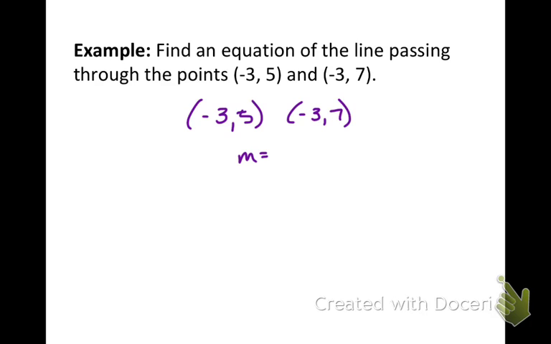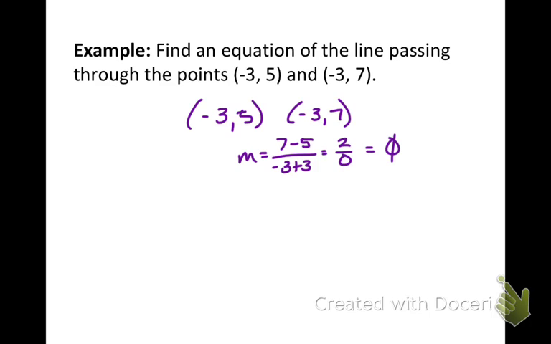When you find your slope here, 7 minus 5 over negative 3 plus 3 gets us 2 over 0, which is undefined. Now I am not able to plug undefined into point slope form and solve like we just did in the last problem.